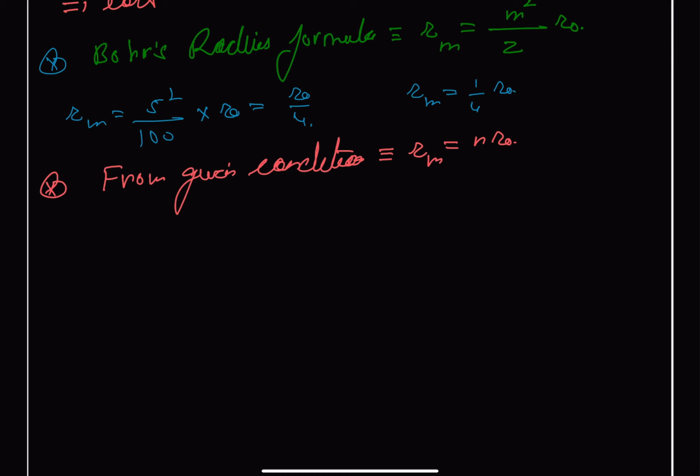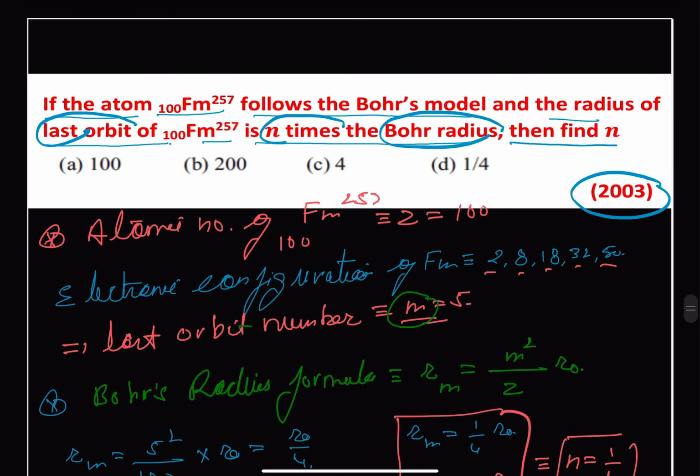So if we make a 1:1 comparison between these two, this gives us that the value of n is equal to 1 by 4. So option number D is correct.